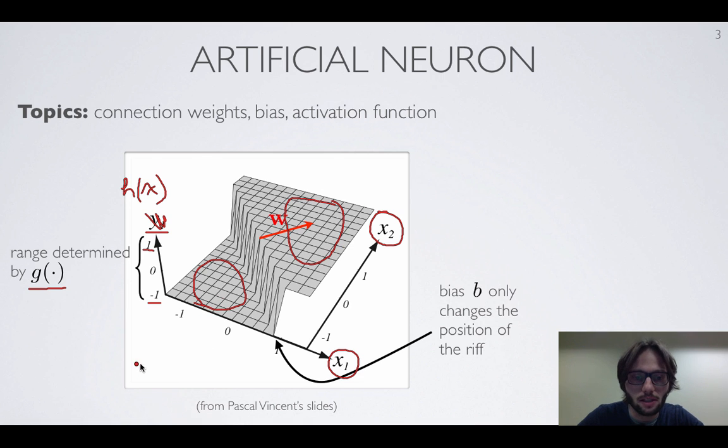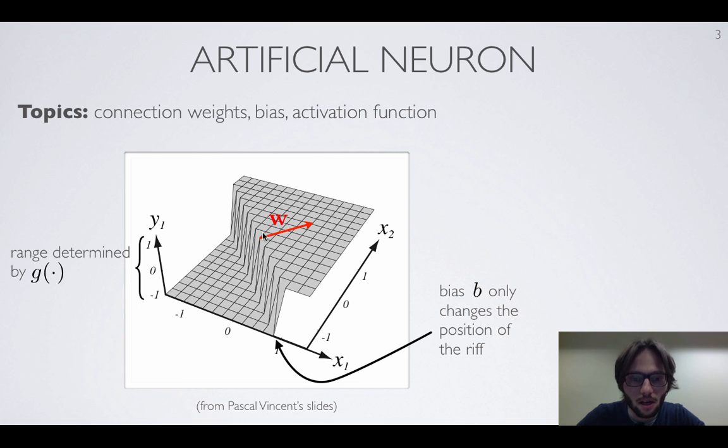For now, we won't discuss how we actually find the parameters of the neuron that determine what regions it's actually separating. So for now, we'll just assume that someone has given us the value of the weight vector w and the bias b, which determines the shape of this function. And we'll see how we can actually have neurons that train to discover good values of these parameters. So for now, we'll just assume that someone has given us these values.